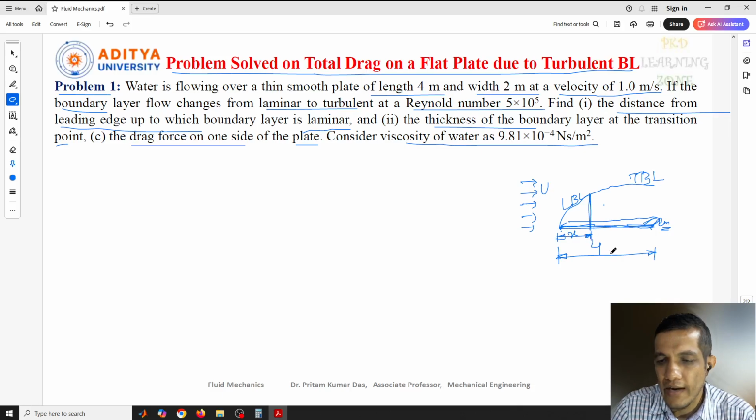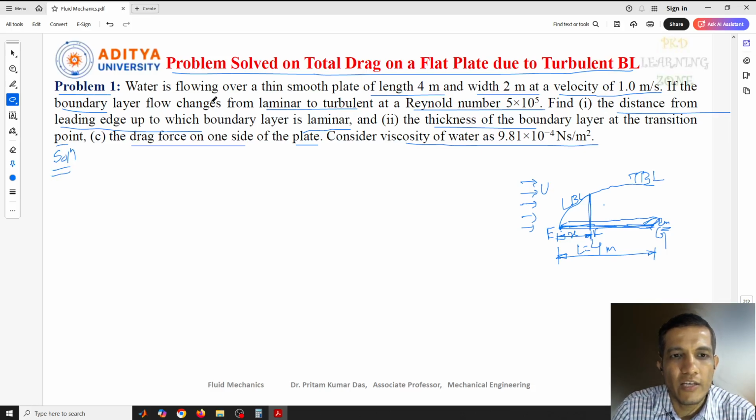This is the total length, L equal to 4 meter, and the velocity of the fluid is 1 meter per second. Let's consider three points here: E point, F point, and G point.